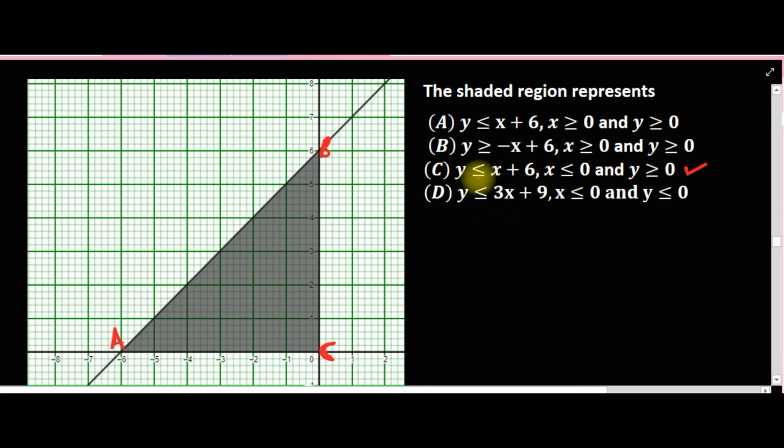Though we can still finish this by finding the equation of the line, which is very simple. I'm just using objective sense, but if it's theory, you solve that. The slope is 6 minus 0 over 0 minus minus 6, which is 6 over 6, which is 1. The intercept is plus 6. So y equals x plus 6.